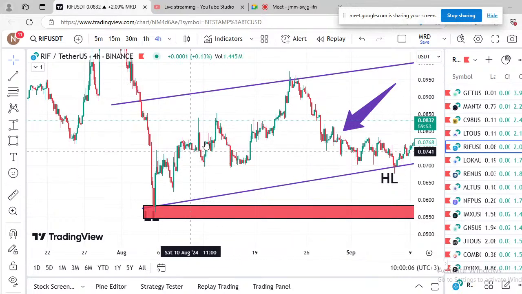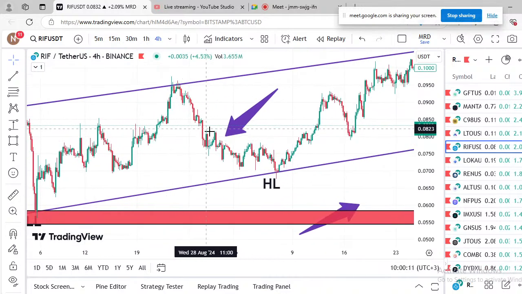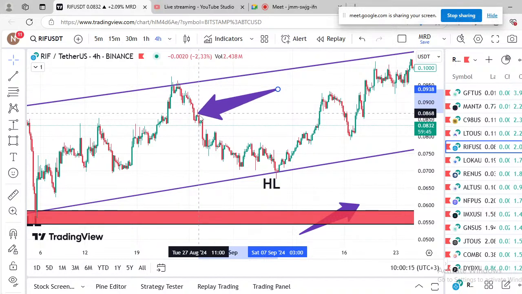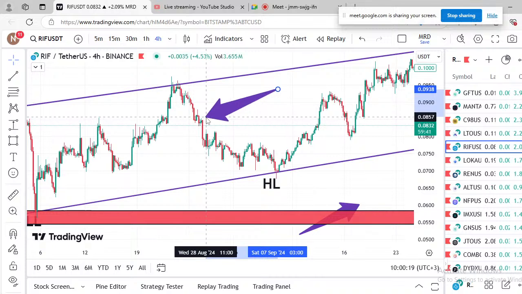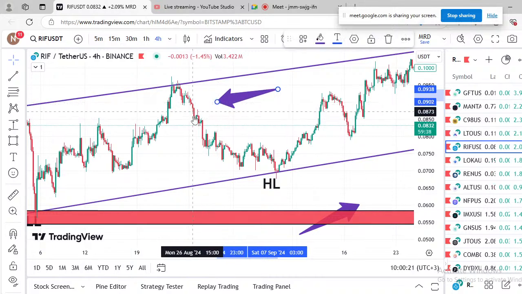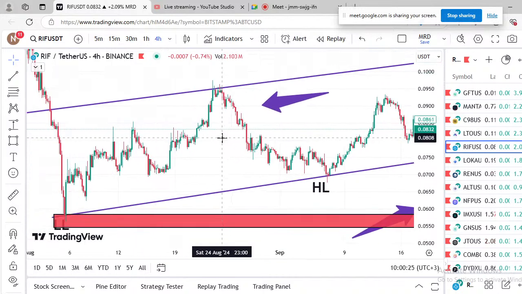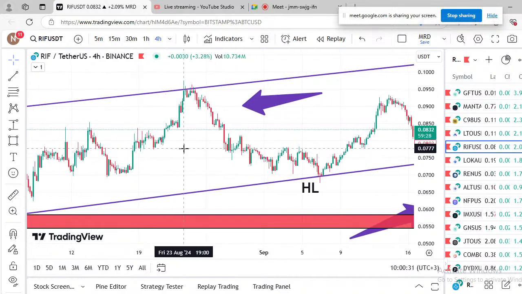But we can see the market, after forming this high, started to give up slowly. The reason we can see that this is a downtrend is that we first look at the previous higher low.